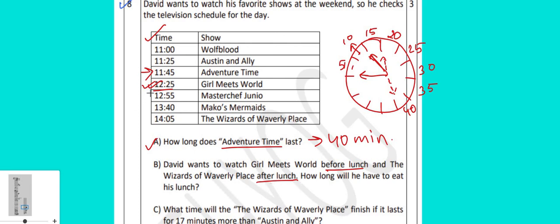So he will have to eat from here till this particular timing itself. He will be eating from 12:55 to 14:05. For this long he will have to eat his lunch. So our subpart B is done as well.